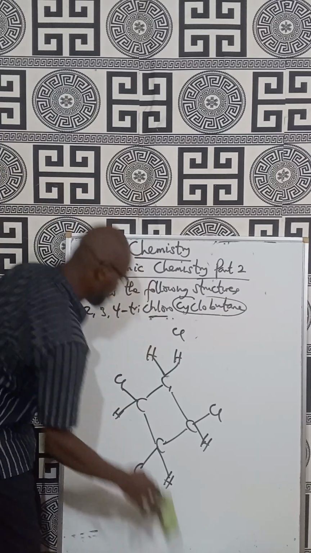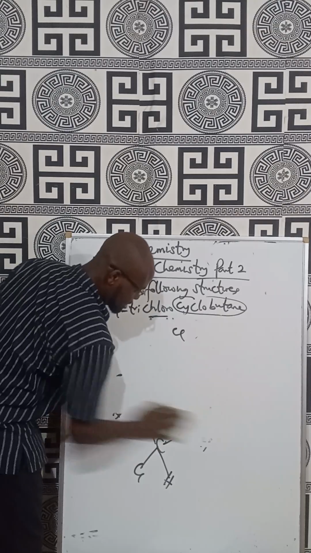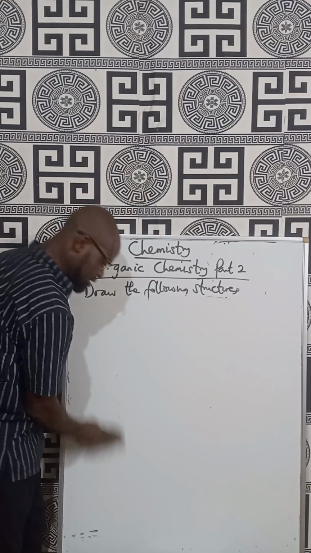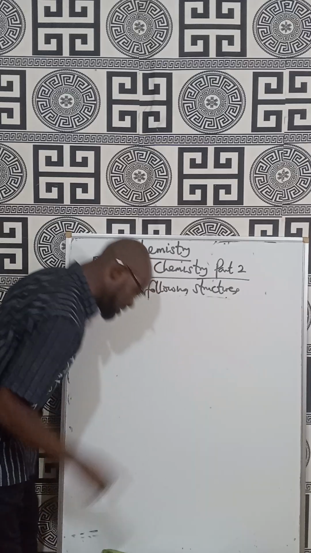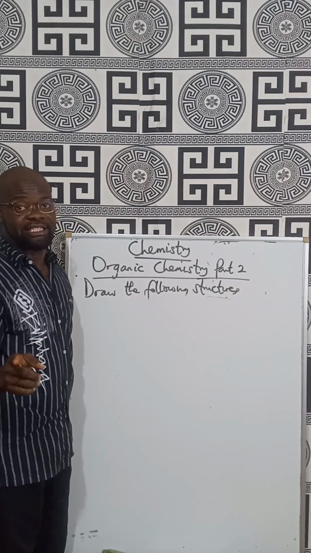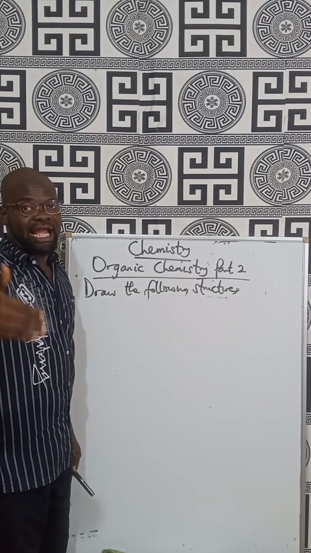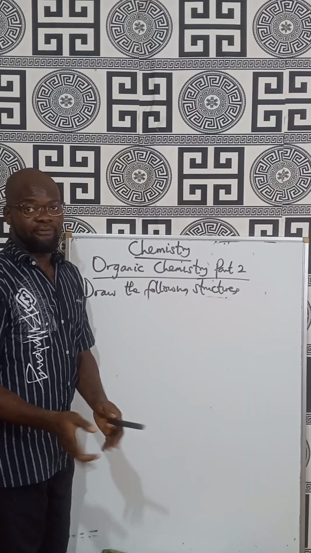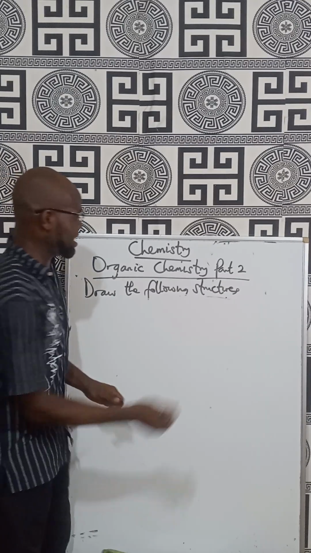So having known that, let's look at the next one. The next one is trans-1,2-dichloroethene. Ethene is the parent name from the family of the alkene.